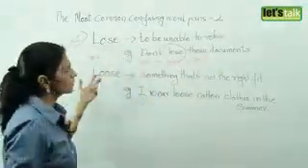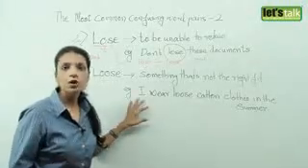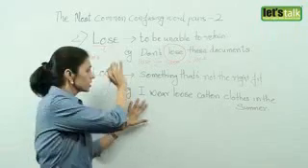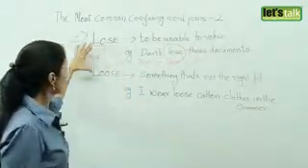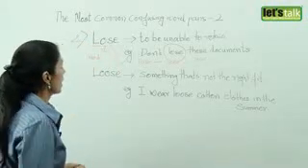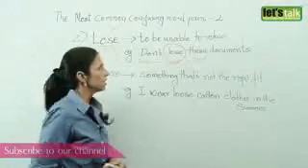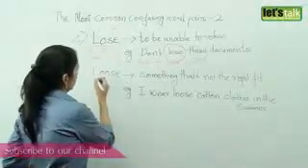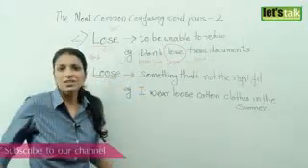This is one of the most confusing word pairs because generally people don't know how to use lose with O-S-E and loose with O-O-S-E. So here lose is a verb and takes the OO sound, like lose. The second word, with the O-O-S-E, is something that doesn't fit right, something that's very loose.